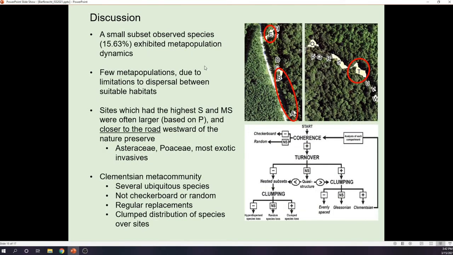And then finally, a small subset of the species that were observed within these communities actually had metapopulation dynamics. And this is really small and points towards at least some kind of a subset of the community actually exhibiting some kind of dispersal.